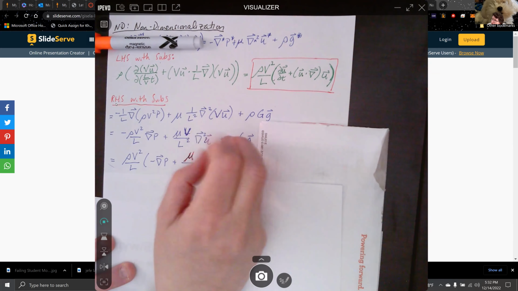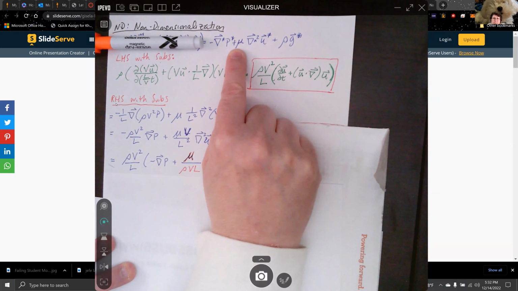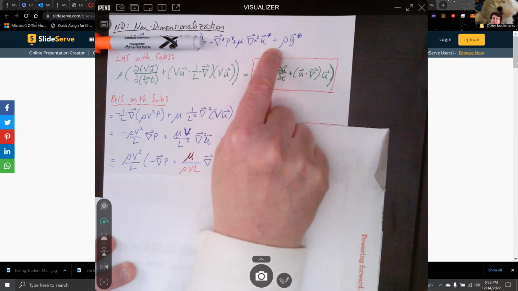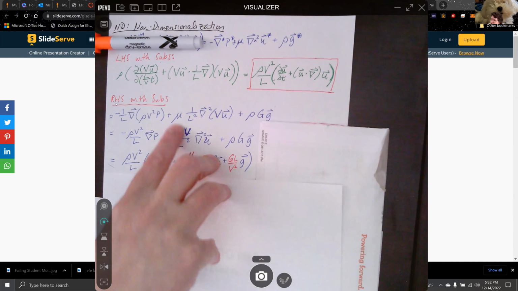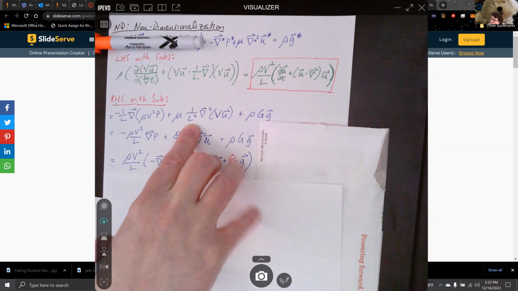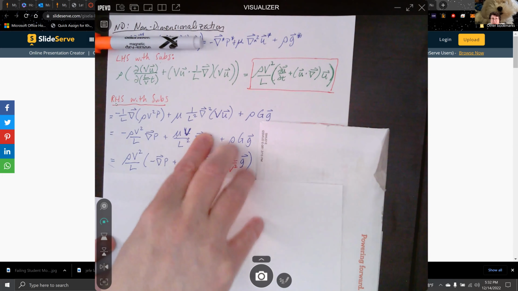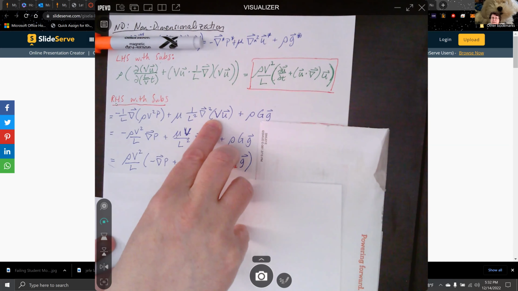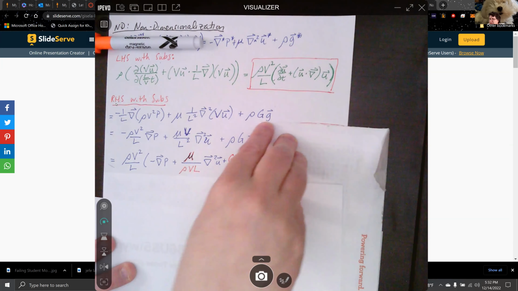And then we've got mu, or just dynamic viscosity, times the Laplacian of U. Mu is just mu. We've got 1 over L squared going with the Laplacian. And then we're replacing our U with VU again. And finally, we had rho G, and we're just replacing G with big G times G.